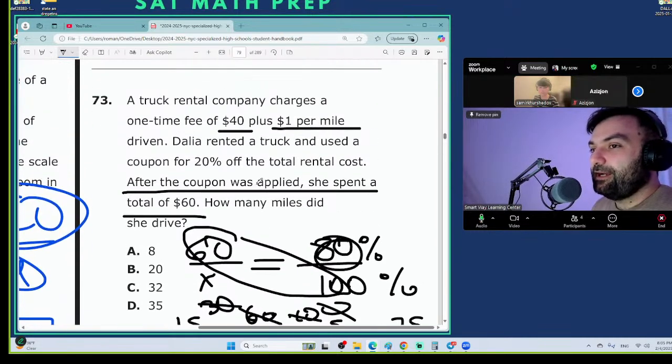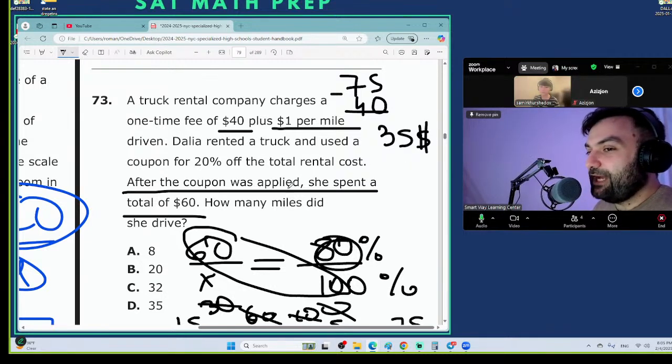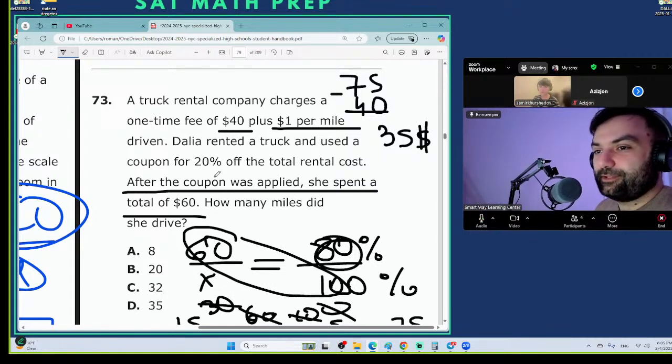Now let's subtract the $40 fee from that $75 spending. $35. And if she spent $35 at $1 per mile, how many miles did she ride? 35. That was easy.